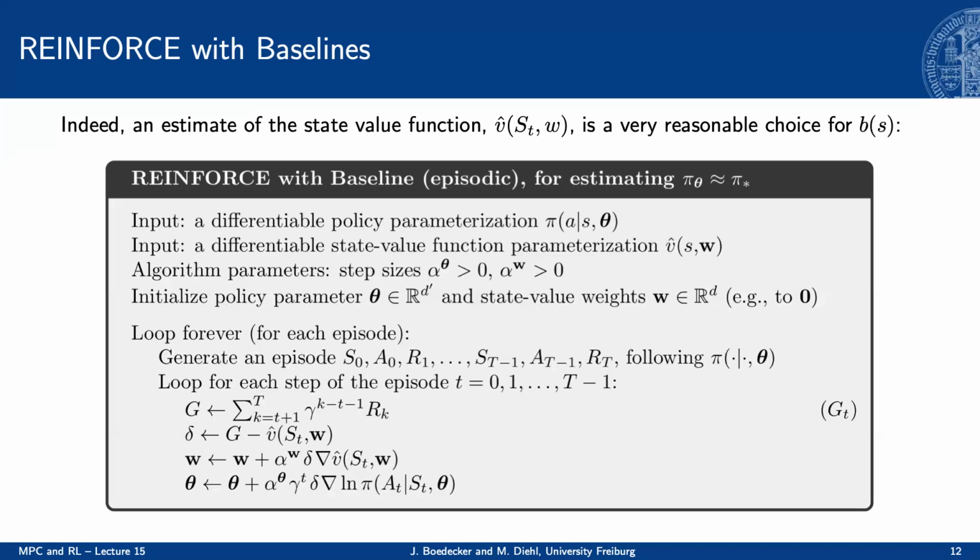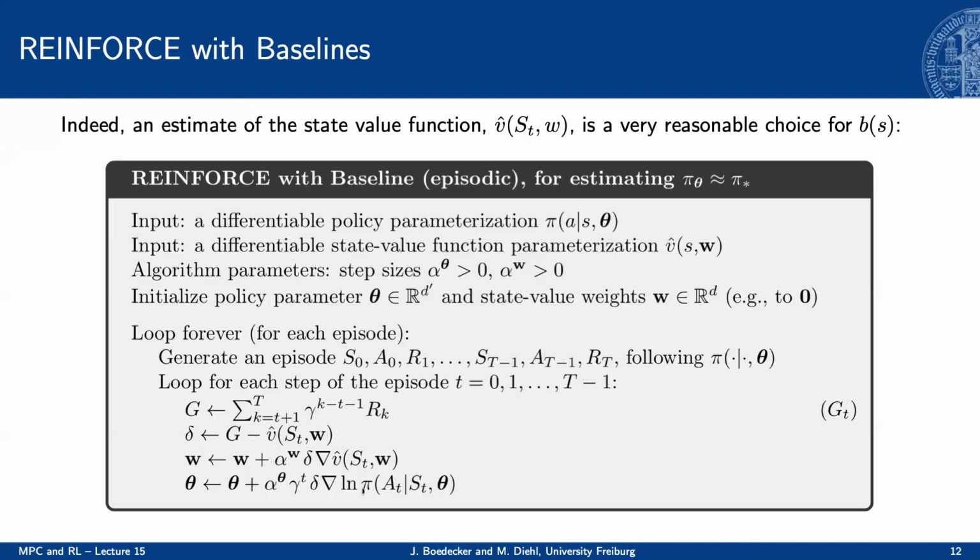So first of all, you calculate the return just as before from all those steps in your episode. And then you calculate this delta, where you subtract this baseline in the form of the state value function. And then you make the update with that, rather than with just the return itself. This is the part for the parameters for the policy.